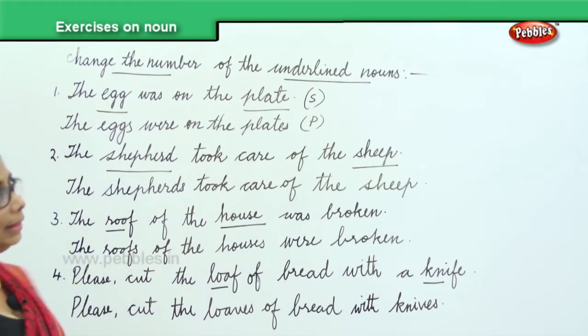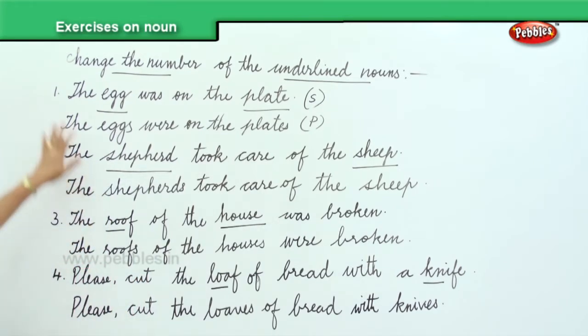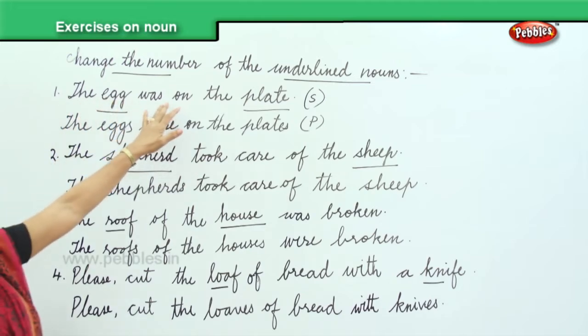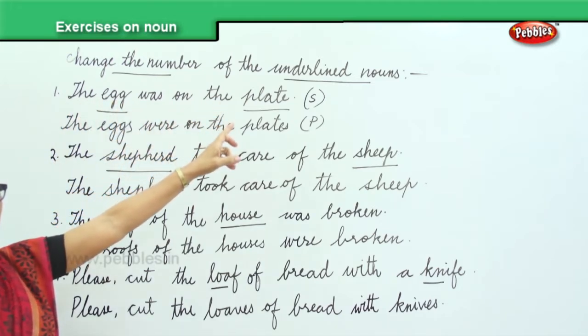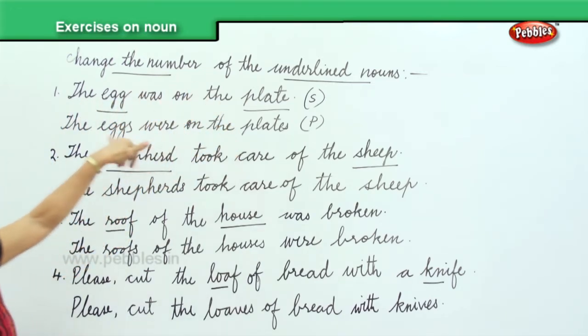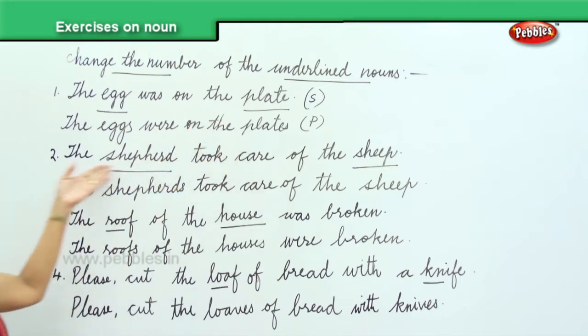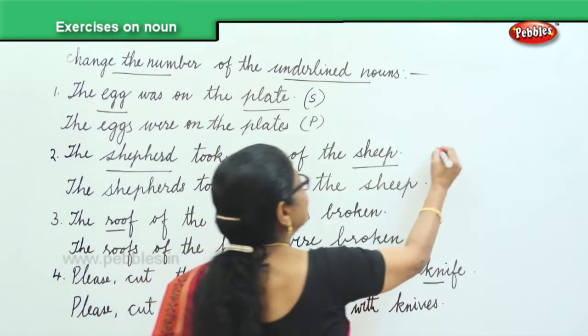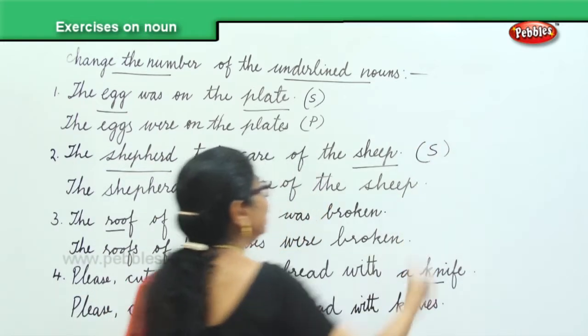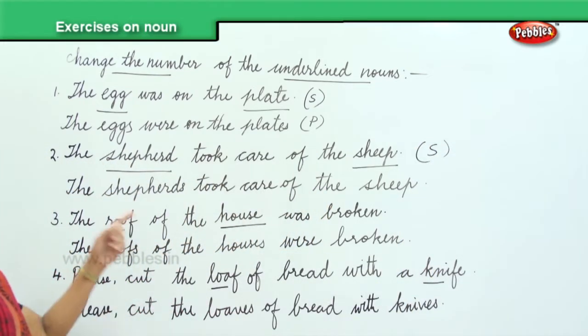So let's look at the sentences we have done together. The egg was on the plate, singular form. How do you make it plural? The eggs were on the plates. The shepherd took care of the sheep, that's in the singular form. We are changing into plural.